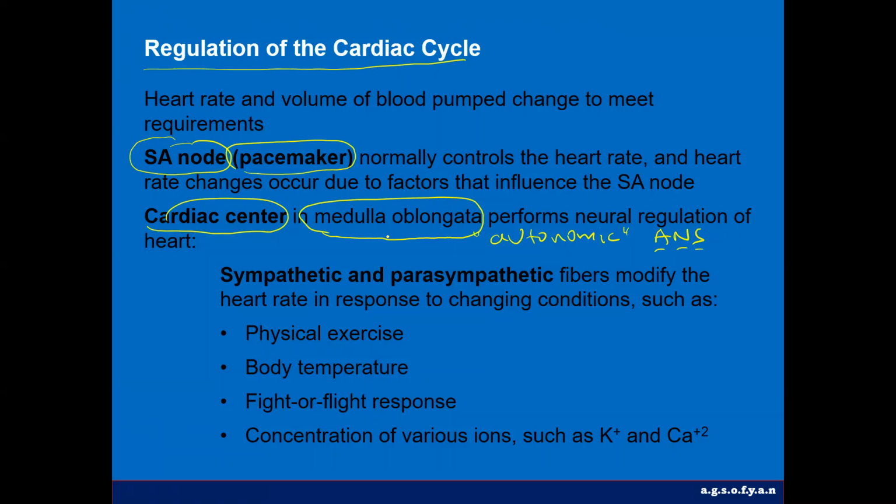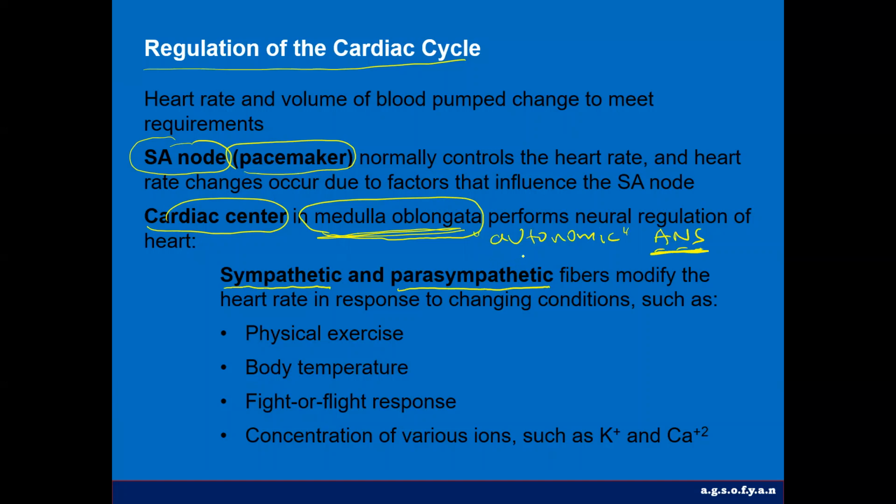And the control center is located in this lower part of our brain, the medulla oblongata. There are two types of ANS. The first one is the sympathetic ANS, and the second one is the parasympathetic ANS.